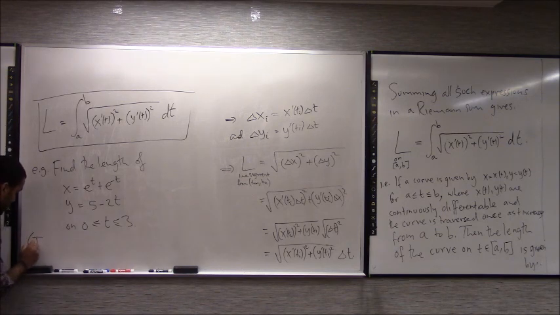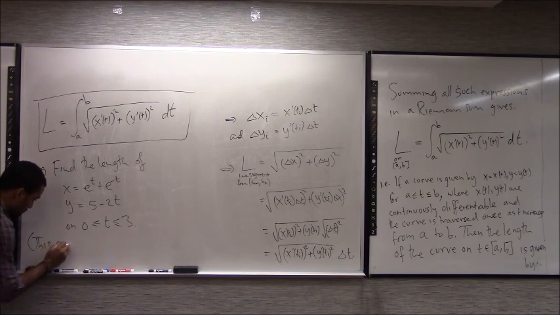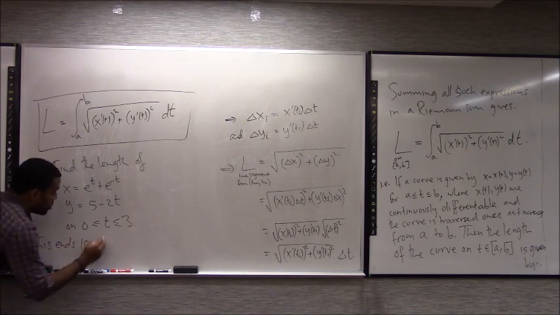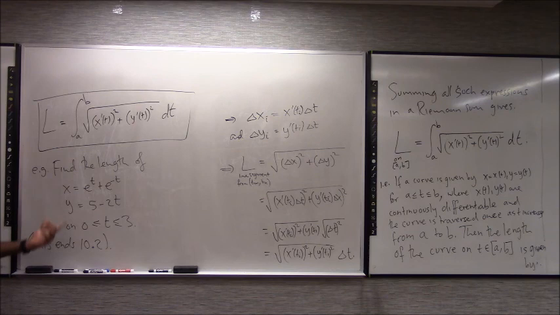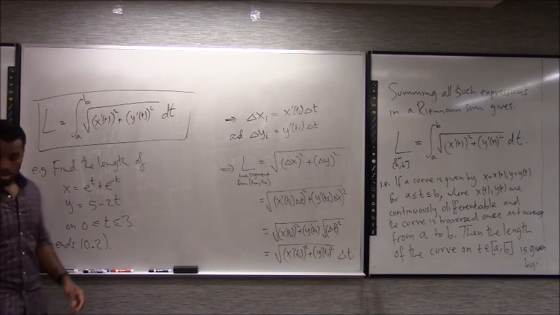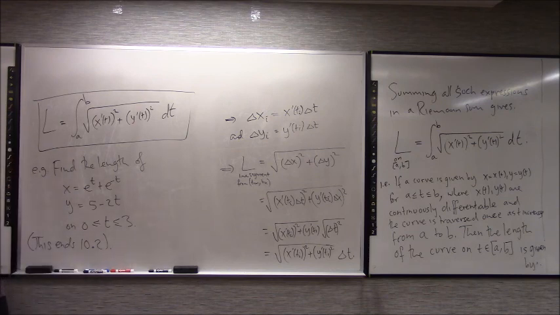And at the end of this example, this will end 10.2. So next time we'll finish this up and we will start 10.3. So that's pretty much all I need to know for 10.1 and 10.2.